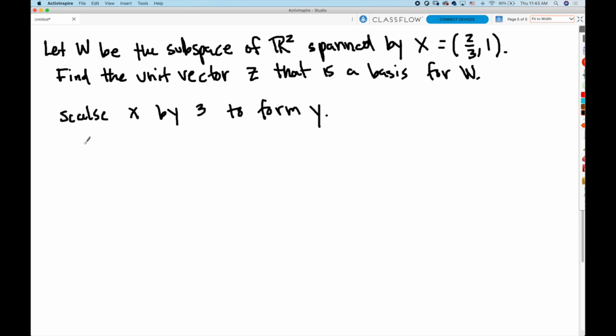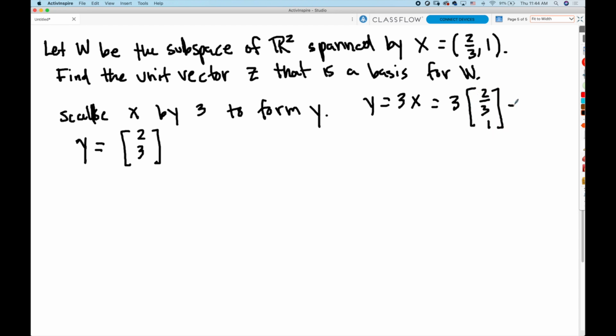And so y is going to be the vector 2, 3. We just multiply x times 3. Basically, y is equal to 3x. Okay, so we're going to let y be 2, 3.